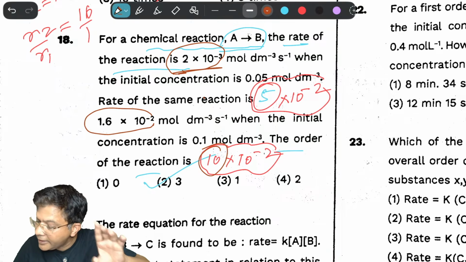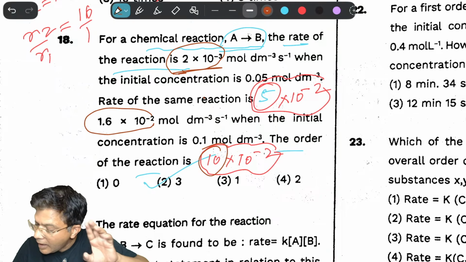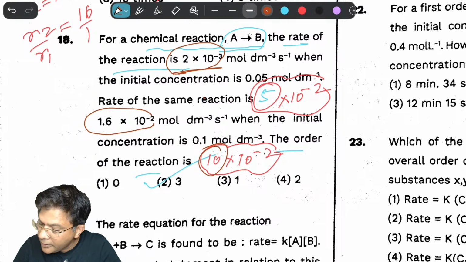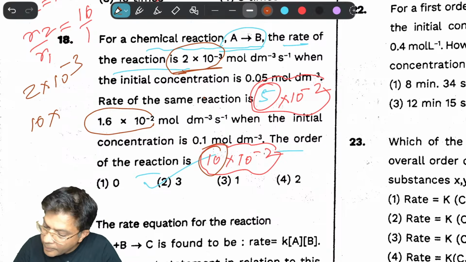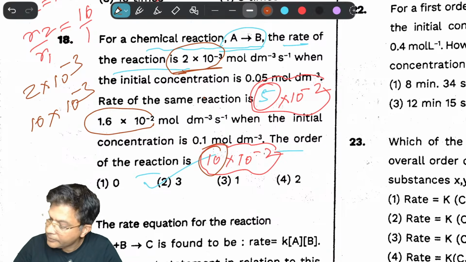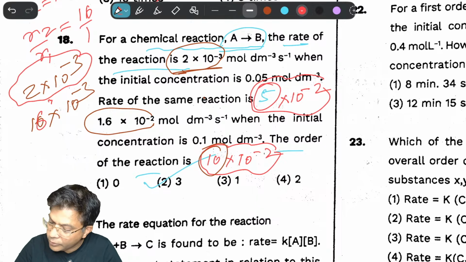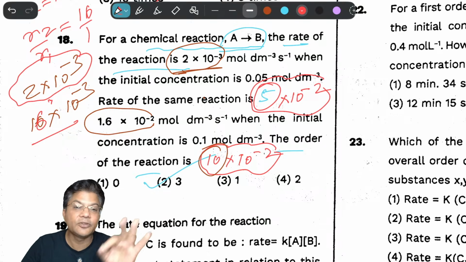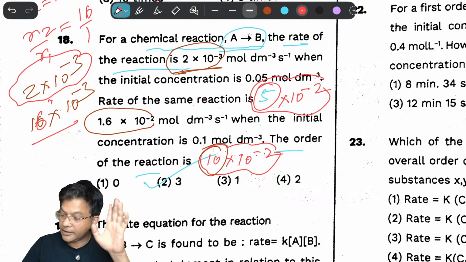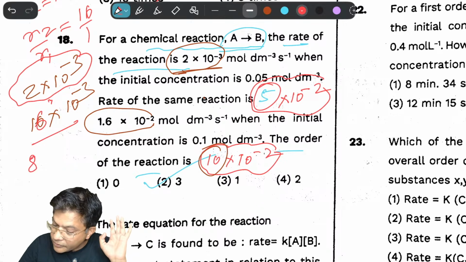Can I write the upper one 2 into 10 raised to the power minus 3 and the lower one 16 into 10 to the power minus 3? Am I right? 2 and 16, how many times did the rate increase? 8 times. 8 times the rate got increased.